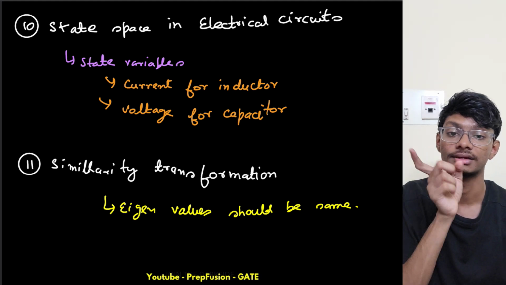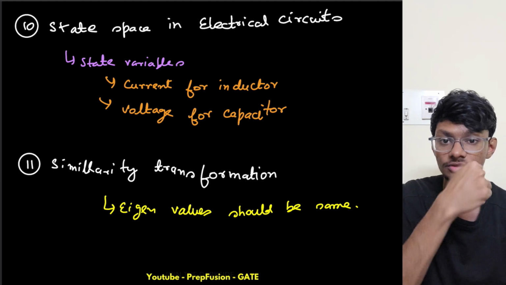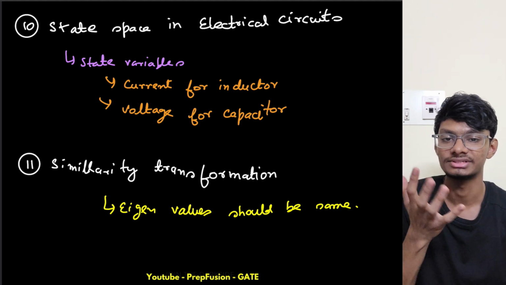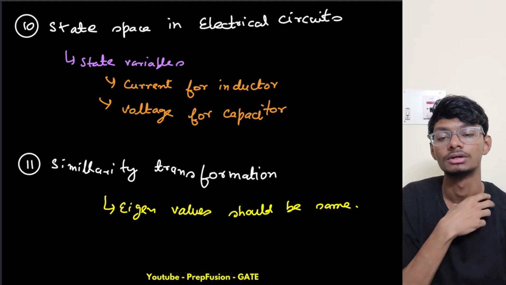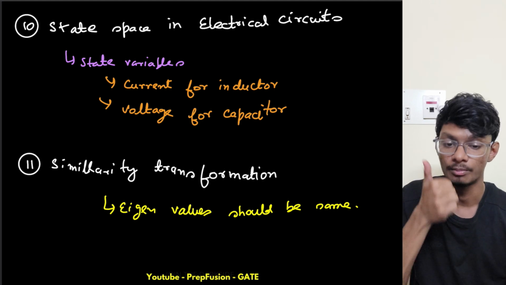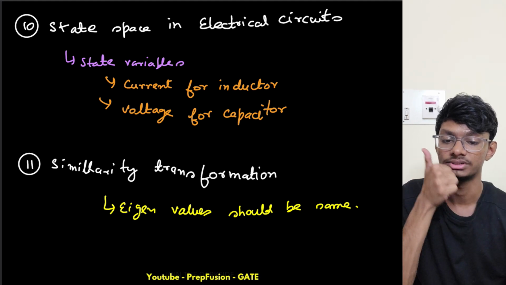And what was the other condition for similarity? Should my eigenvectors also be the same? Now if my eigenvectors remain the same, then the matrix will be the same only, right? So what is the difference? My number of independent eigenvectors should be the same, right?